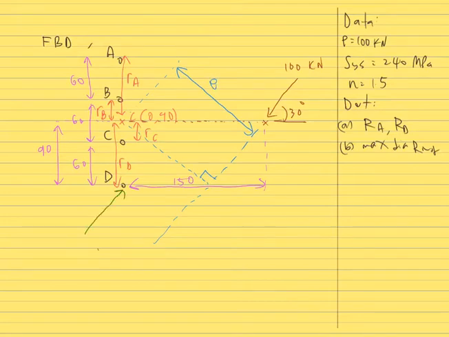Then for each rivet we'll have a direct shear force acting opposite to the direction of the applied force. So we have BA, BB, BC, and BD.